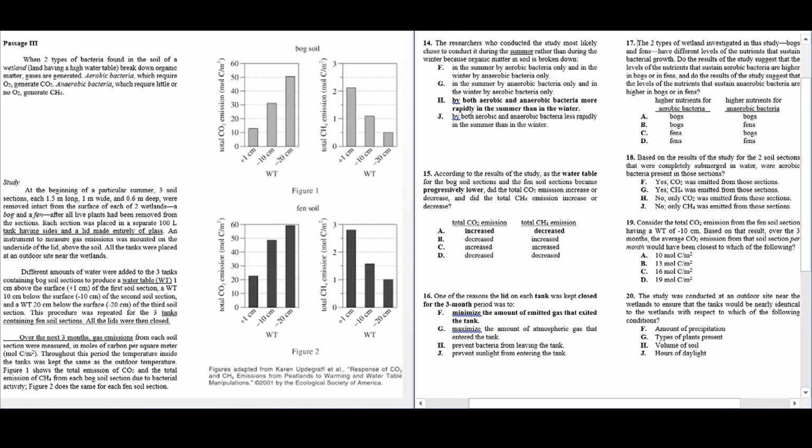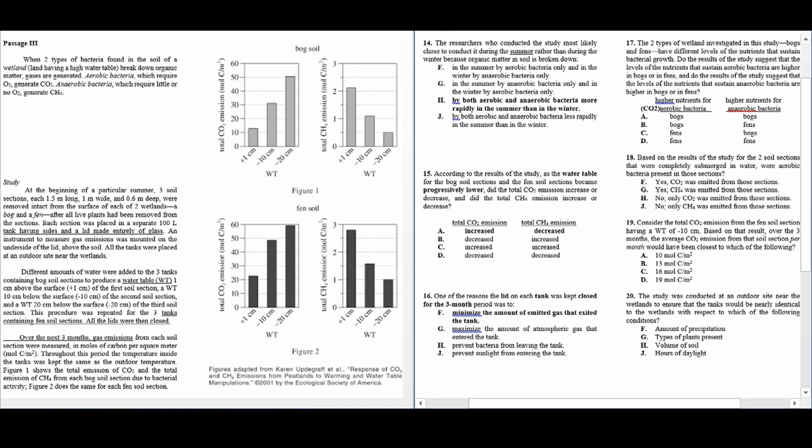However, one difference is that it asks for aerobic and anaerobic bacteria, which are words that don't show up on the graph. So we refer back to the definition of these two bacteria, seeing that aerobic bacteria generate CO2 and anaerobic bacteria generate CH4. So for future reference, we note those on the test.